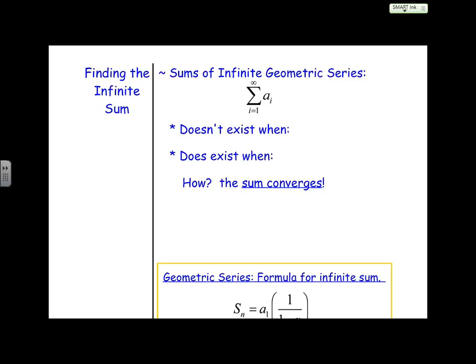Sums of infinite geometric series. Why are they infinite?